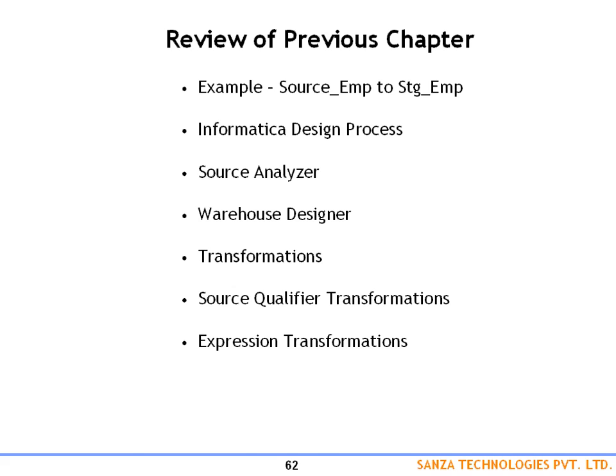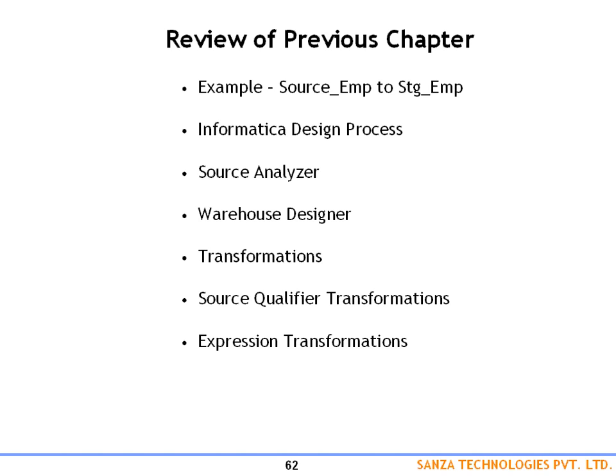So we created a mapping by defining the source EMP table. We defined the target STG_EMP, and in the mapping designer we created the mapping of source qualifier, expression and the target STG_EMP. We created one mapping and we saved it. The mapping will be saved in the repository.